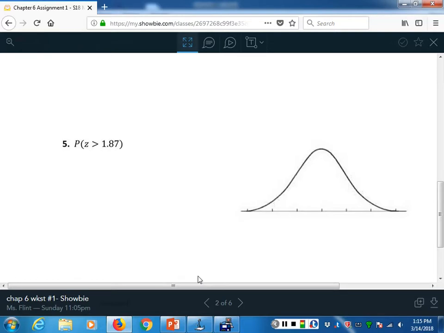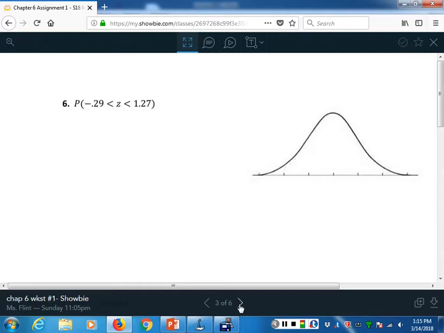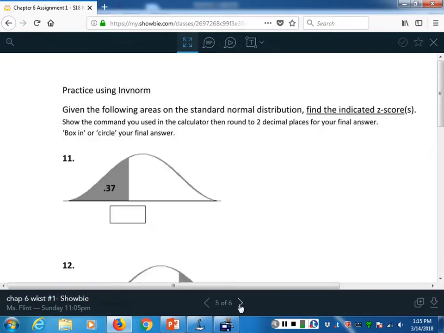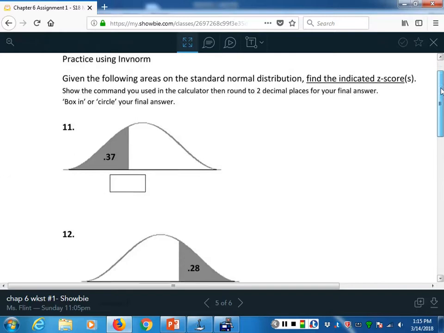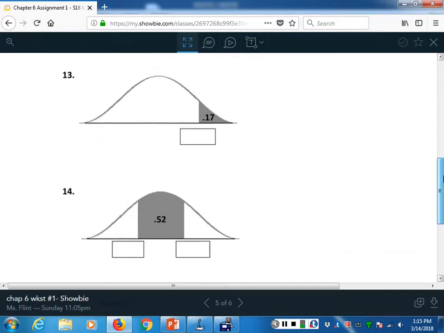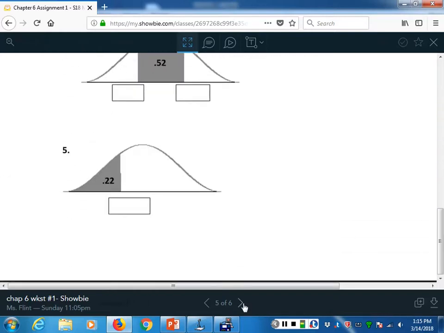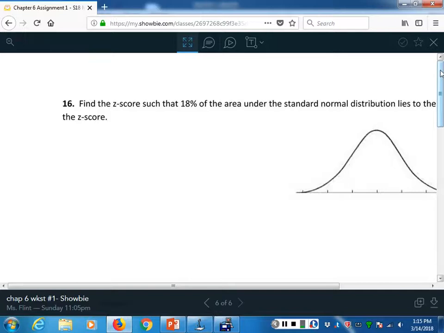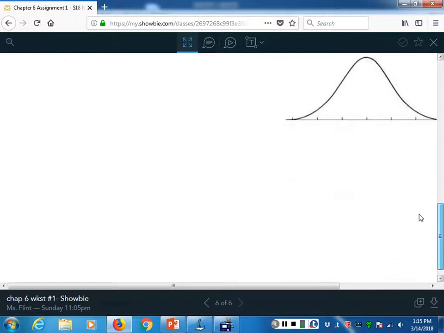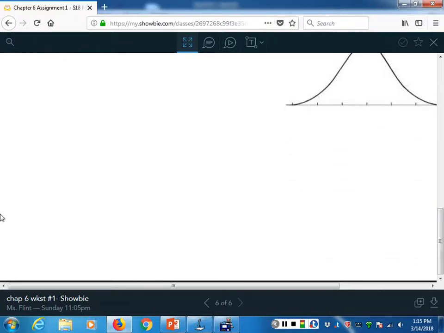It's a PDF file. It converts it to a PDF file. So there's 10 problems doing that. And then there's another 8 problems practicing what we just did this last part of the lesson.